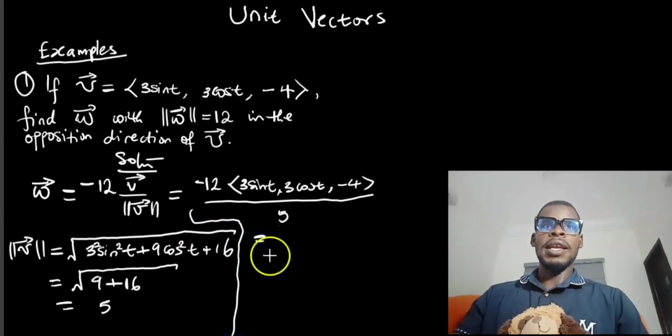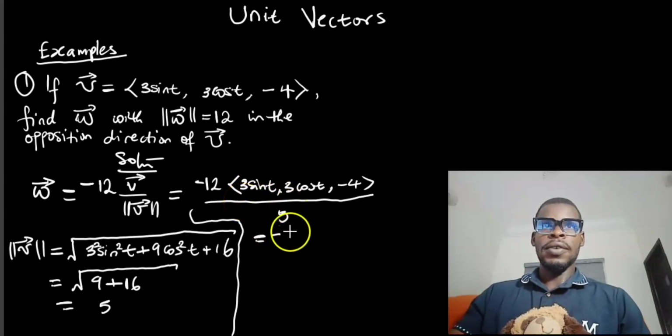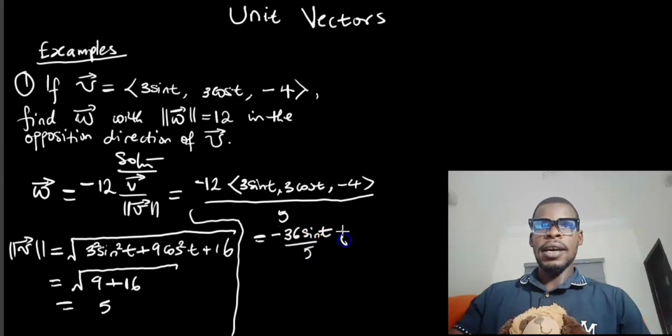Well, what I'd like to do here is to rewrite this a little bit using the ijk notation. That is to say, negative 12 times 3 is negative 36. So that's negative 36 sine t over 5 in the i hat direction.